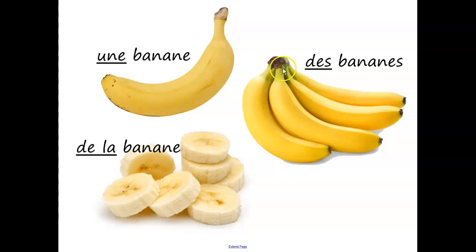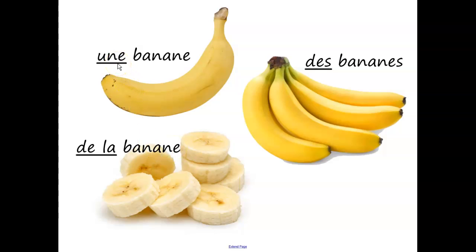whole entire banana. Des bananes means some bananas. We're not giving an exact quantity, but we know that it's more than one. And this is our new phrase, I guess, de la banane. De la also means some, but it's some of something singular. So in other words, it ends up being less than one.